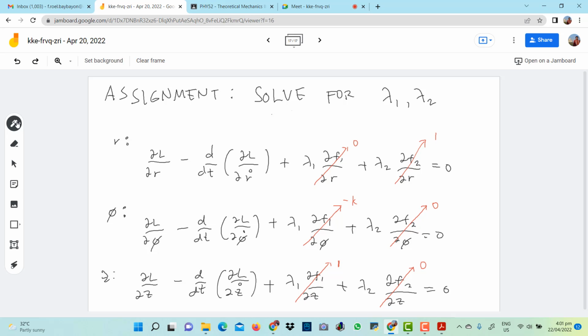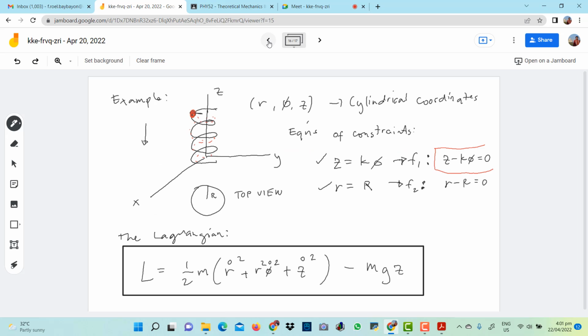I will put the answer for lambda 1. Actually, I will not write it beforehand. Your answers for lambda 1 and lambda 2 are just functions of m, g, r, and k. In this case, there is a k. k is just a constant.